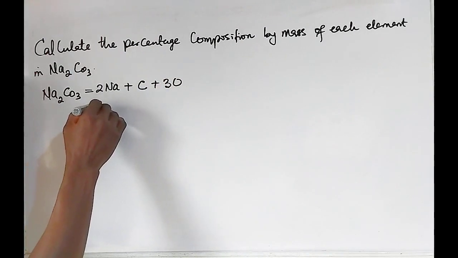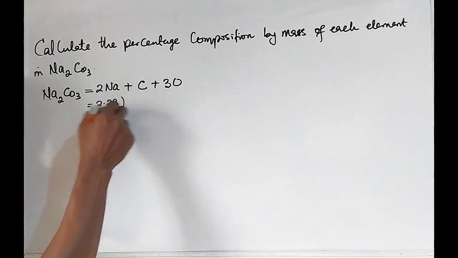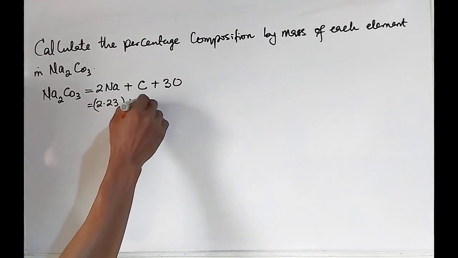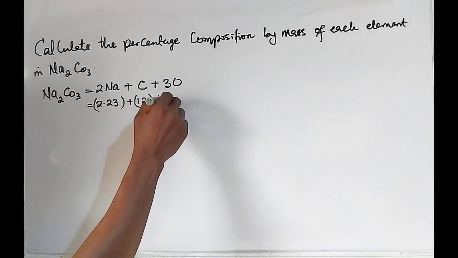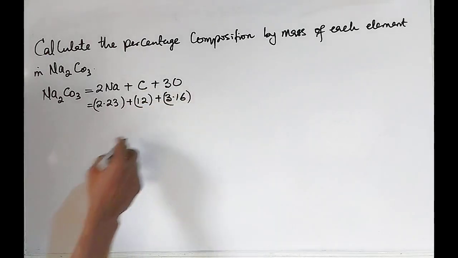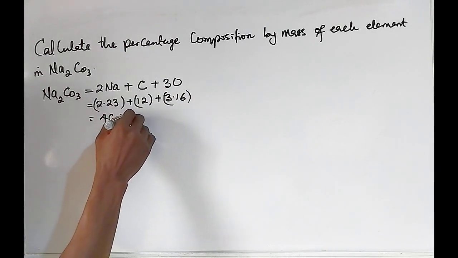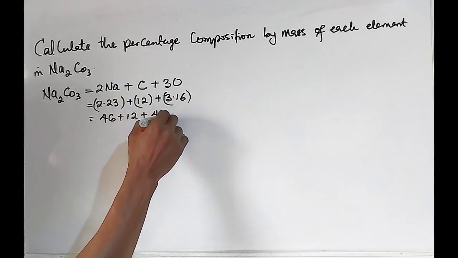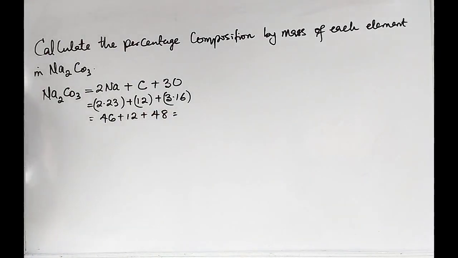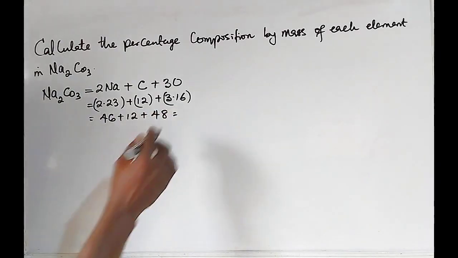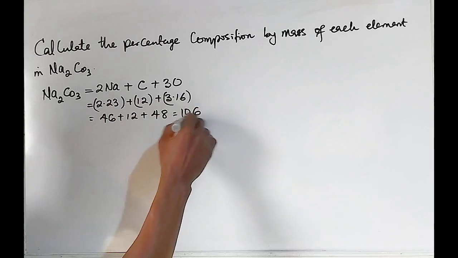So here you have 2 times 23 plus 12, plus 3 times 16, and this should be 46 plus 12 plus 48, and in total, punching our calculator, this should give us 106.